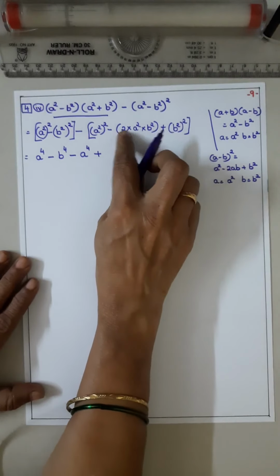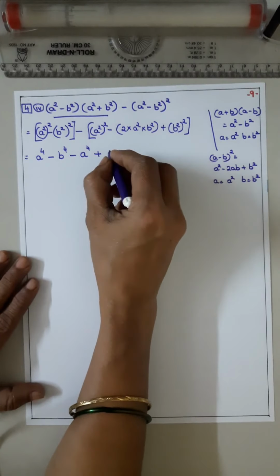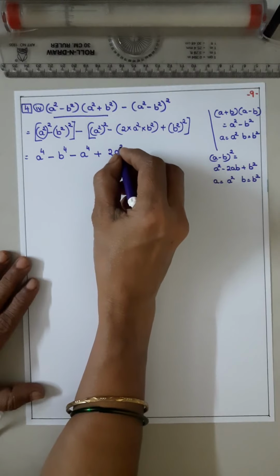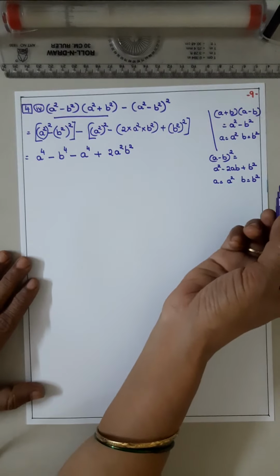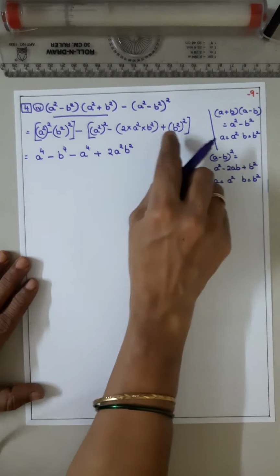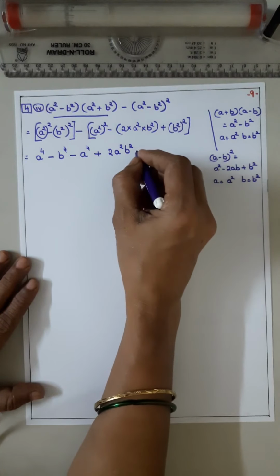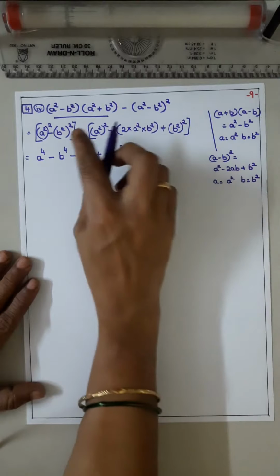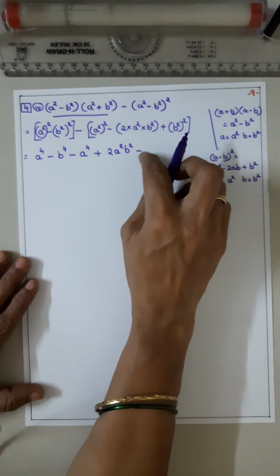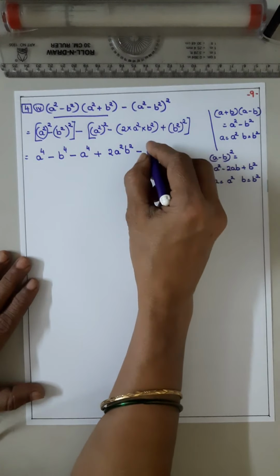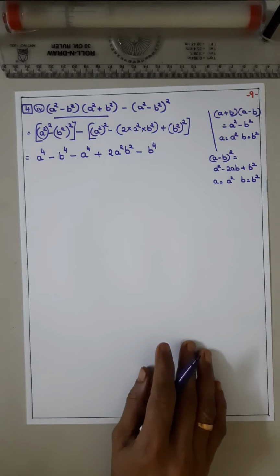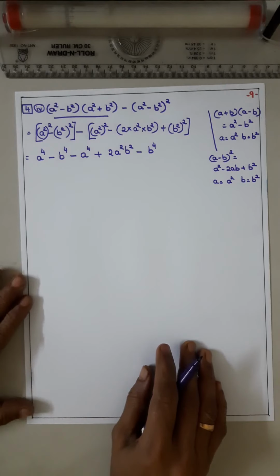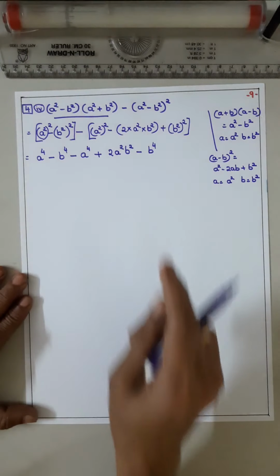Now 2a squared b squared, 2a squared b squared, है ना? अभी minus of plus becomes what? Minus. Minus of plus becomes minus b to the power 4. Are we understanding? So open the bracket. During that time the signs will get opposite.